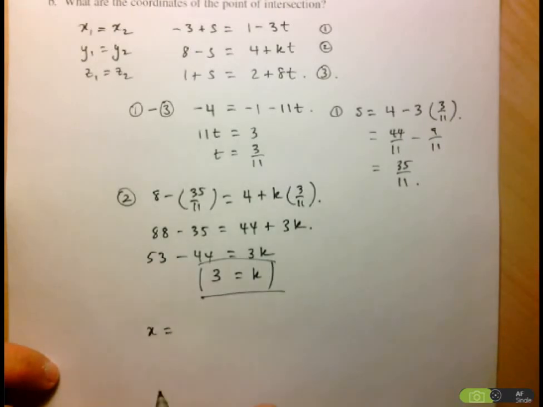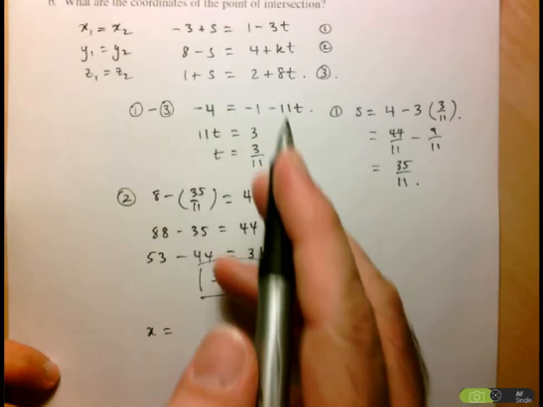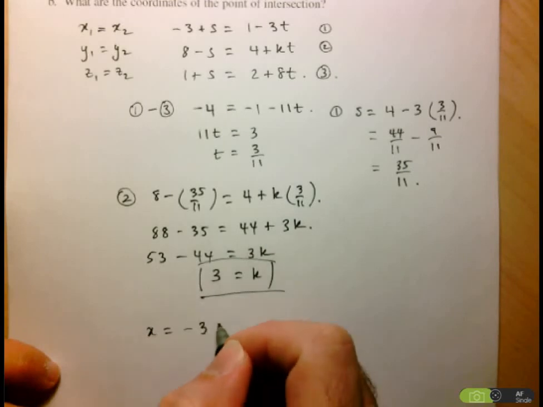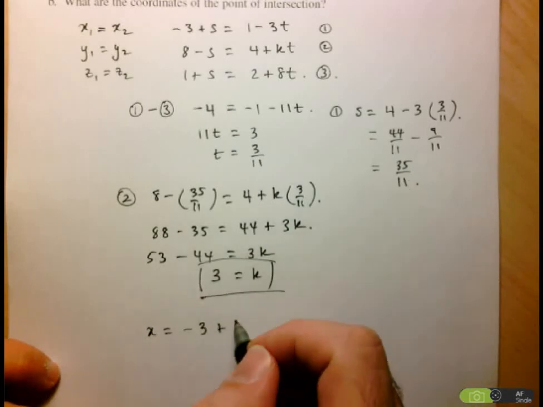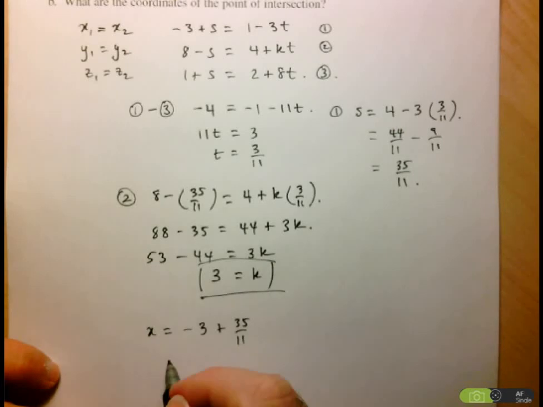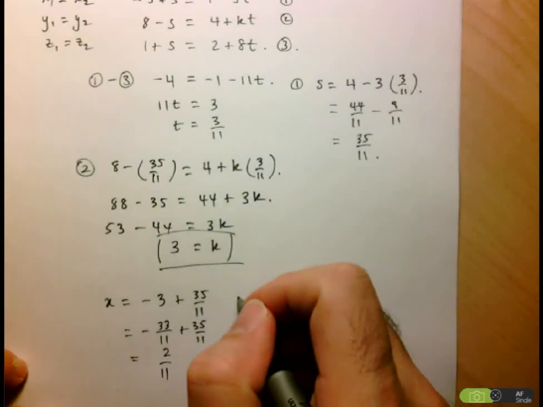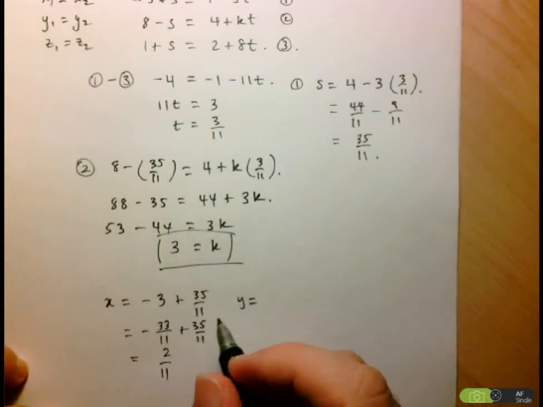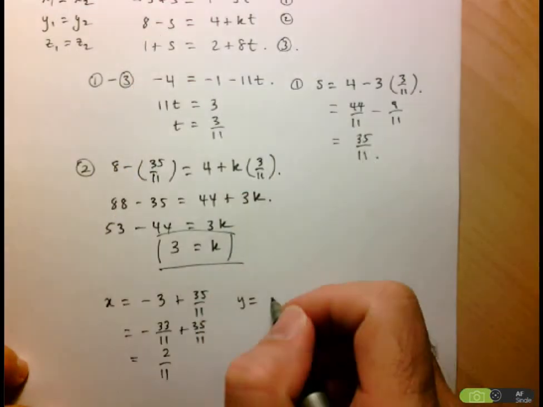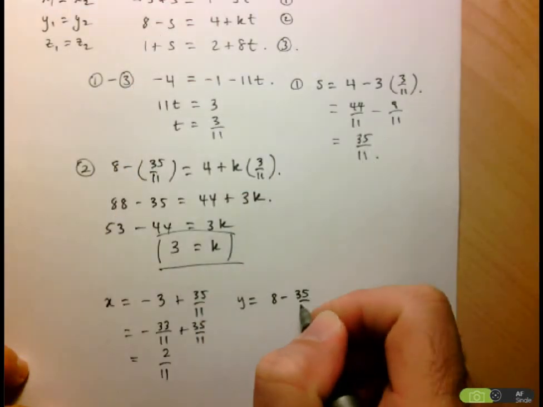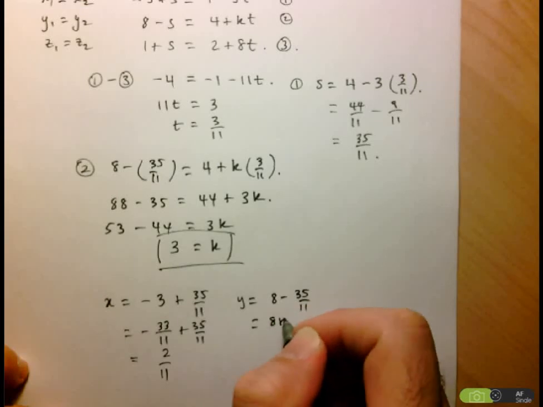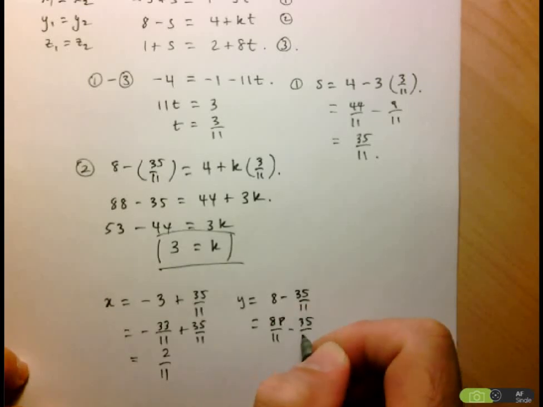Okay, so the x component here is given by negative 3 plus s, so negative 3 plus, and then s was 35 over 11. So here, negative 33 over 11 plus 35 over 11 is equal to 2 over 11. Then our y value is given by 8 minus s, so 8 minus 35 over 11, so that's equal to 88 over 11 minus 35 over 11.